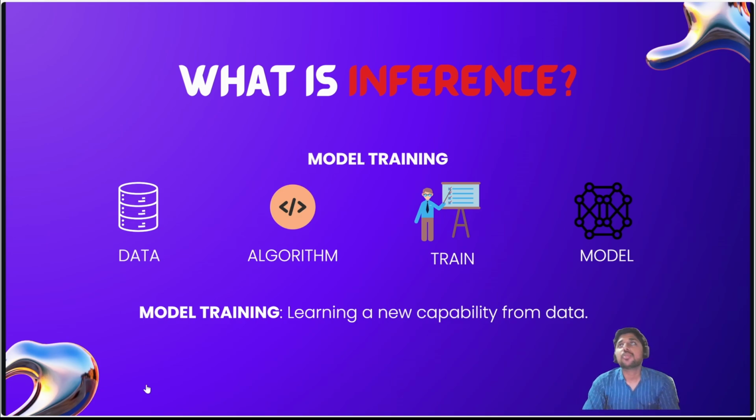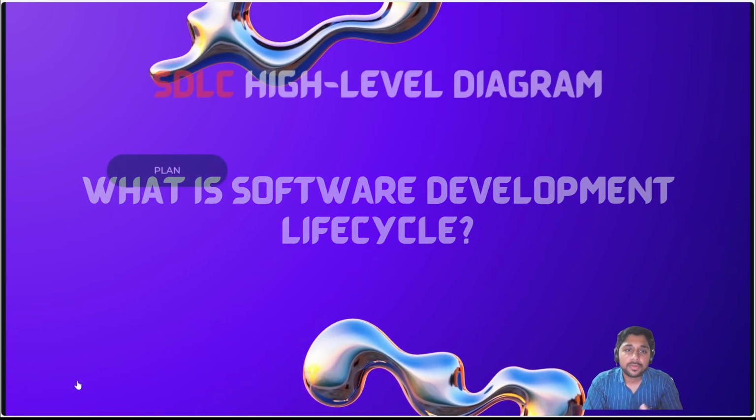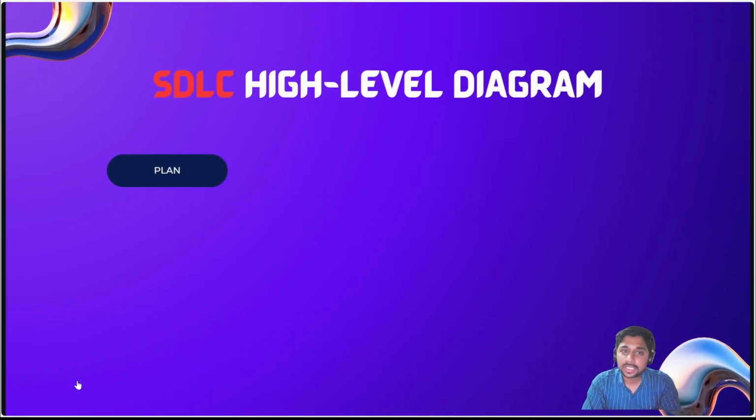So if we look at general programming or general software, what we have to do is make a software, and similarly here we have to make a model for AI and ML. When we are developing software, we follow something called the software development lifecycle, where we basically go through various phases.